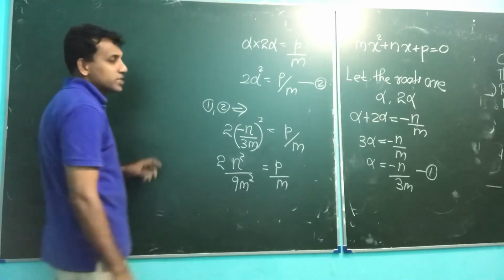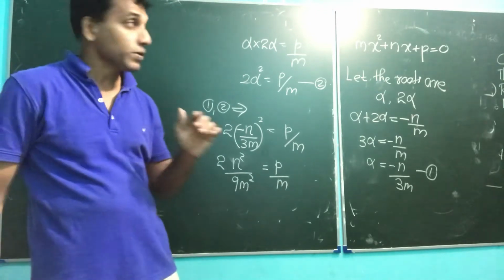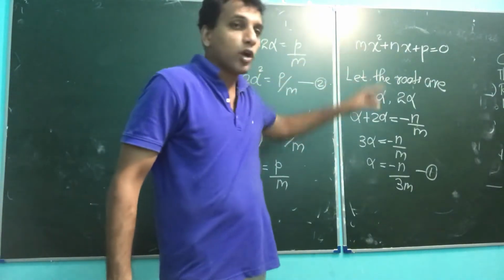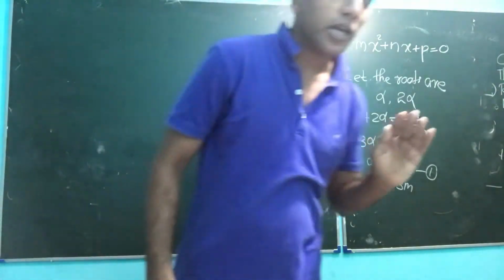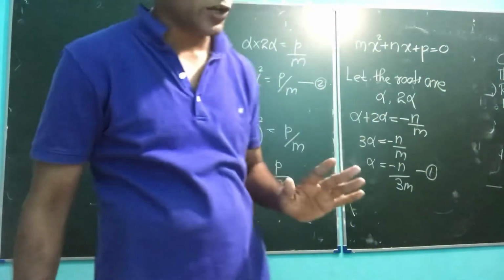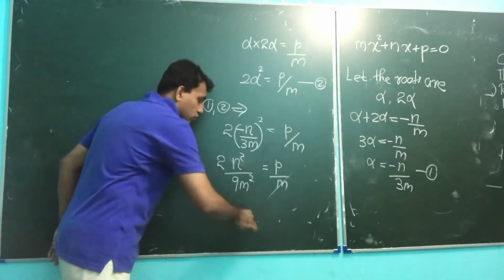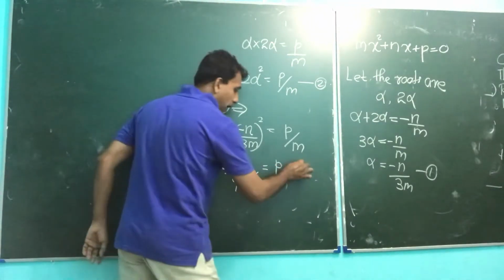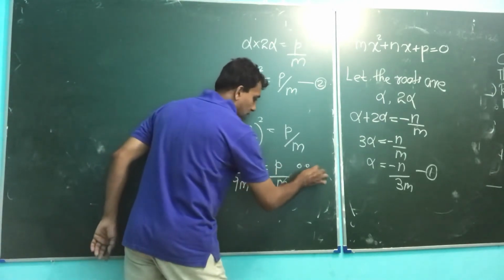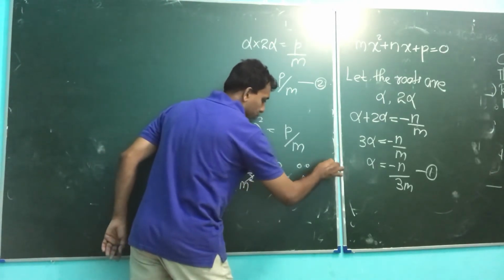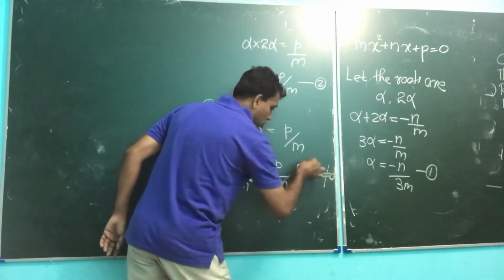Here m is not 0. You know, I said this morning, in front of x square there is never 0. So here m not 0, therefore you can cut one m. It's pure maths, not like O-level mathematics; every condition is very important. m not equal to 0, within brackets.